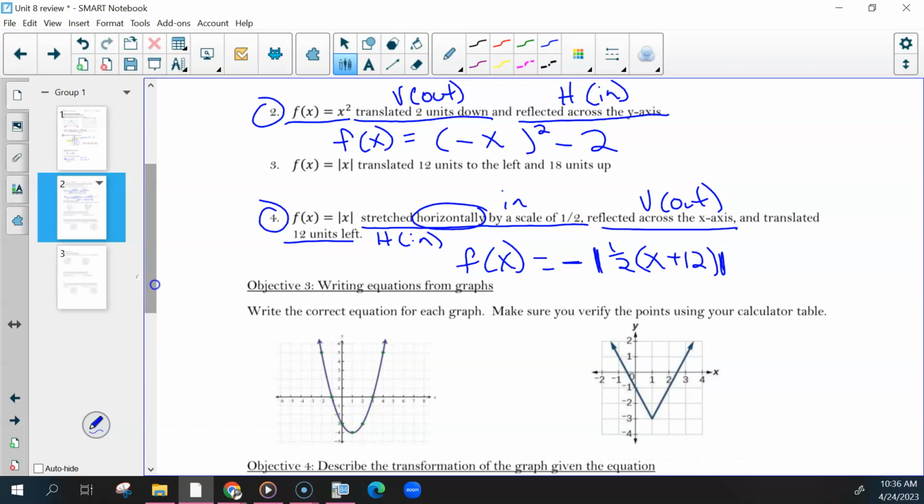So we don't have any vertical shifts, so nothing on the back end. Questions on that? The negative, the reflected. So because it's reflected, we need a negative.